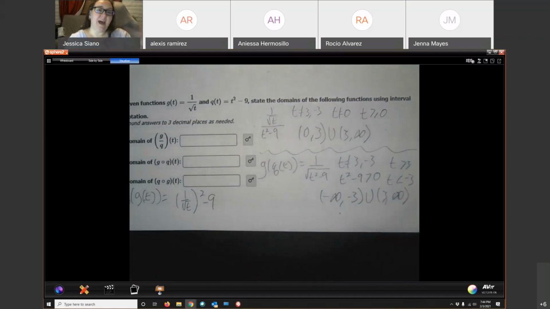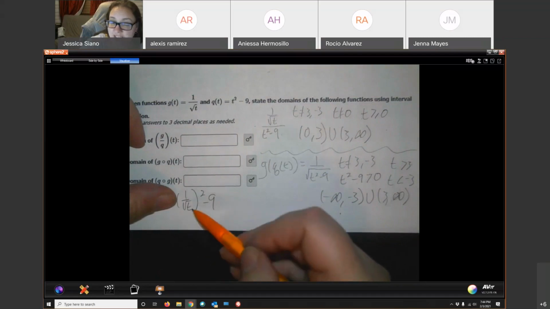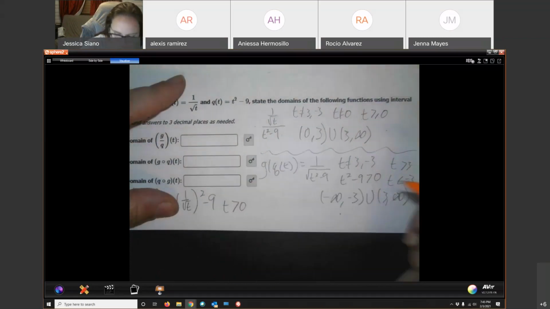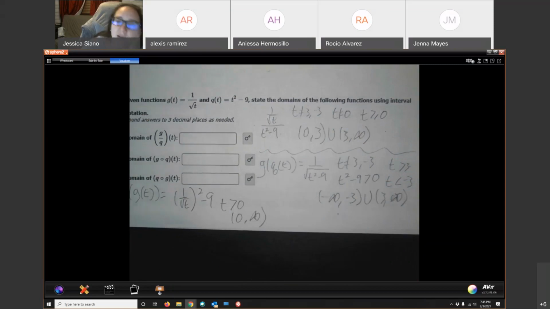I want you to stop and say, what is the domain of this as it sits? Because here I have this radical, which means t has to be greater than or equal to 0, but it's in the denominator, so t can't be 0. So the domain of this would be t is greater than 0, which would be 0 to infinity.